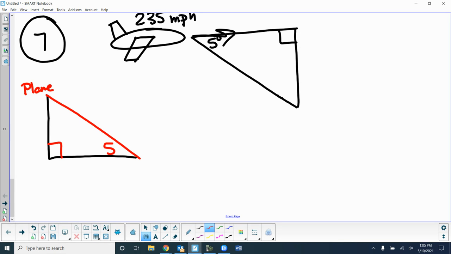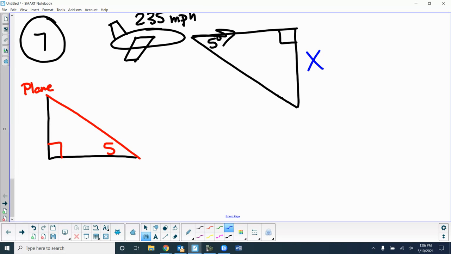But if you draw an upside down right triangle, you can put it up there. Now it says we're looking for how many miles the plane will descend, meaning going from here to here, altitude-wise. So I'm looking for this distance. Does that make sense? All right.